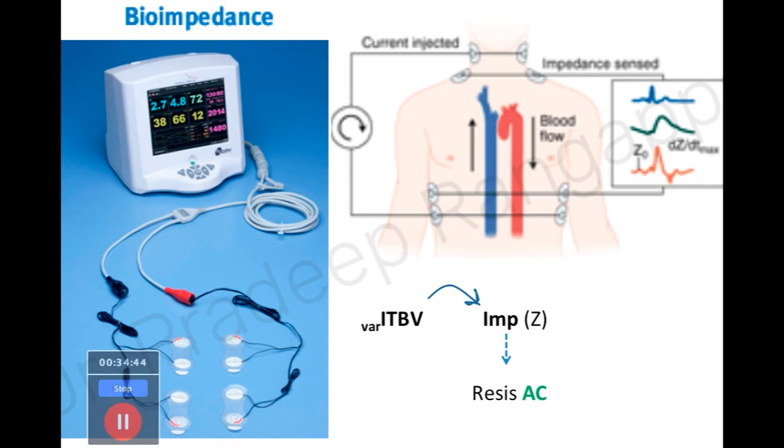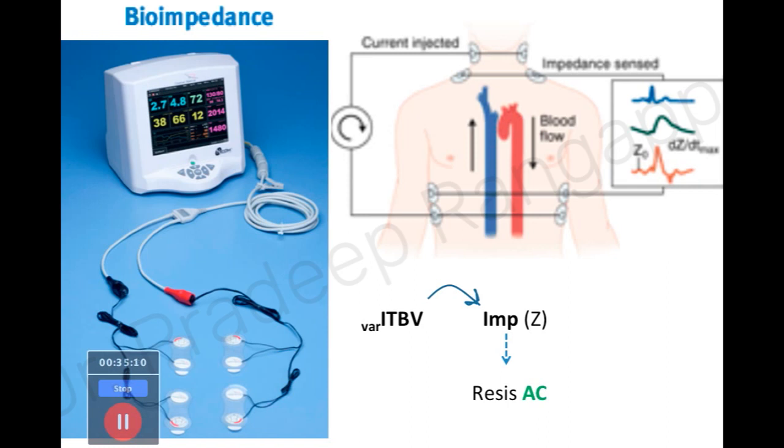Now we'll come to bioimpedance. Some centers have used this, and this is also a fairly simple technique where you put probes on the chest. The whole understanding of bioimpedance is that the variability in intrathoracic blood volume that we spoke about is related to the impedance to the current, which is determined by Ohm's law.